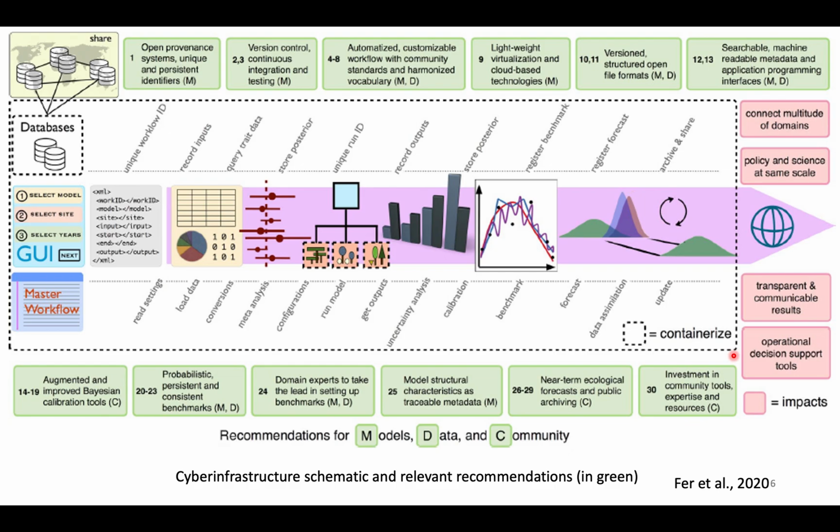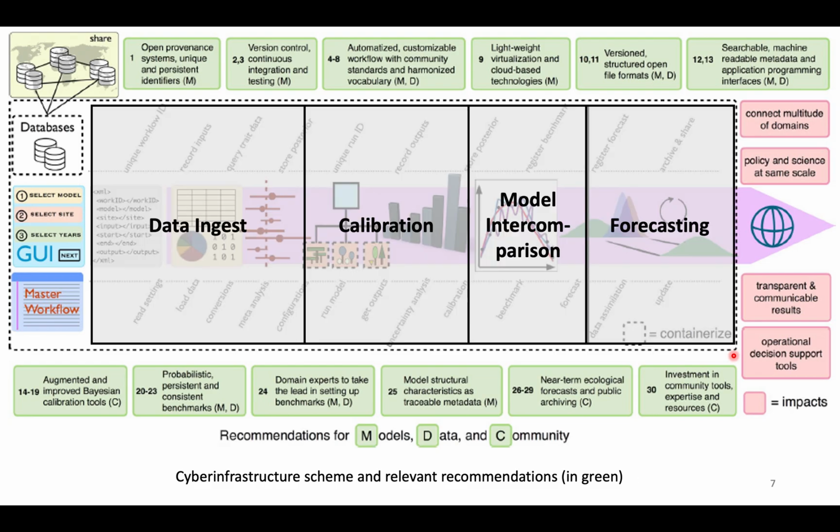This schematic summarizes specific challenges or requirements of building a community cyber infrastructure for general model data integration studies. These studies can be divided into four categories: data ingest, calibration, model intercomparison, and forecasting.